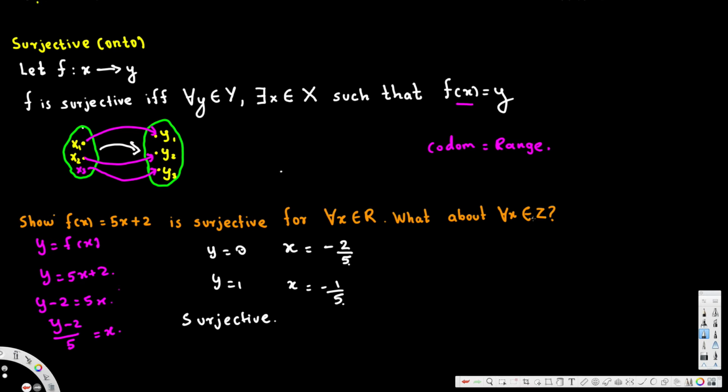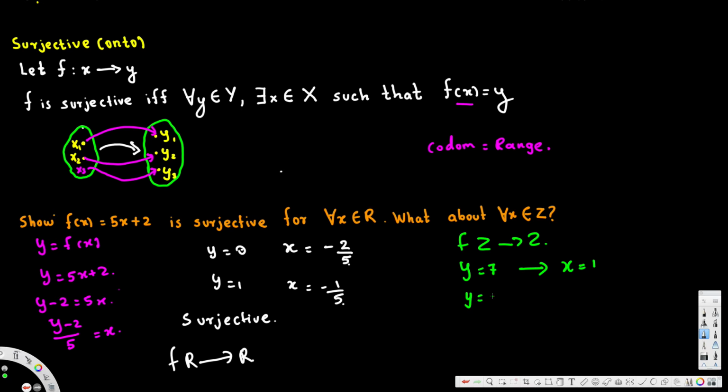Okay, now let's see what happens if it's an integer. So let's say this was for f real to real. Now if we change this into f integer to integer, for example, if y is equal to 7, then x is equal to (7 minus 2) divided by 5, so x is equal to 1.